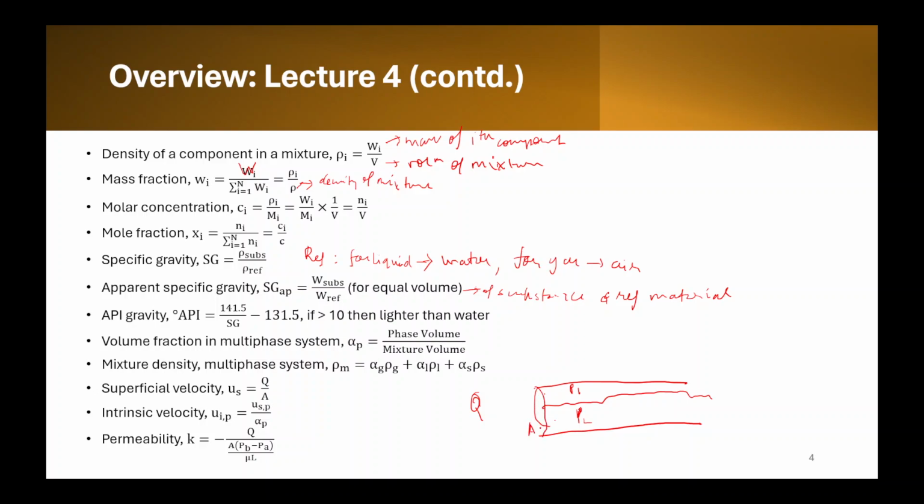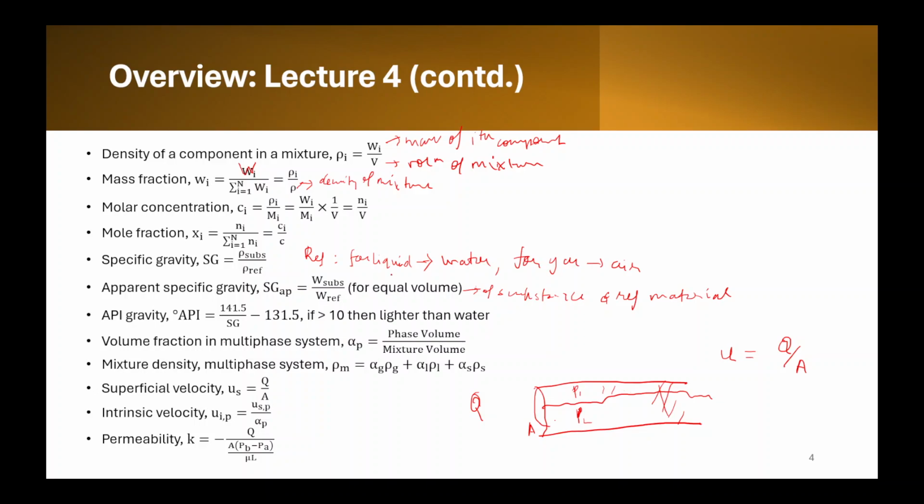So this is A. So the superficial velocity is defined such that if there are two phases flowing in a pipe, we will consider that only one phase is covering the entire area, and it is flowing in that way. So the velocity for that phase will come out to be Q by the whole of area. It will not flow through some area as shown here. It will flow through the whole area.